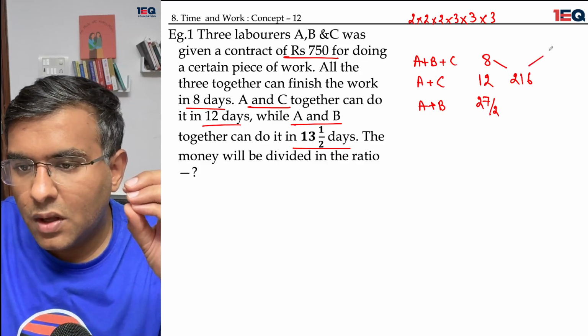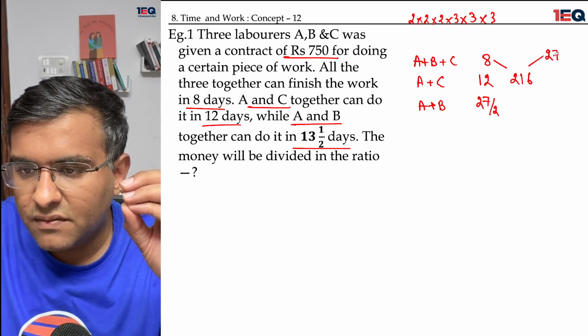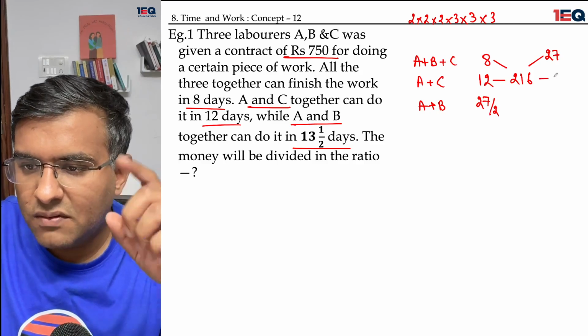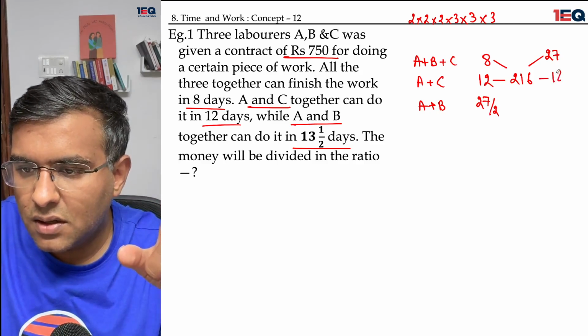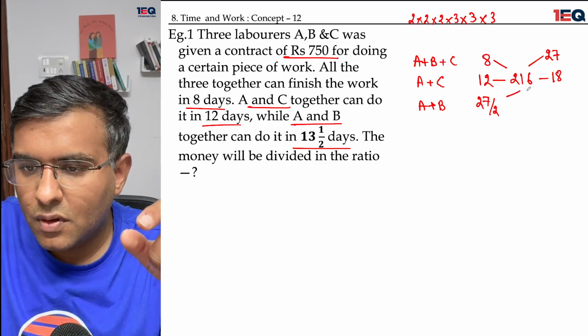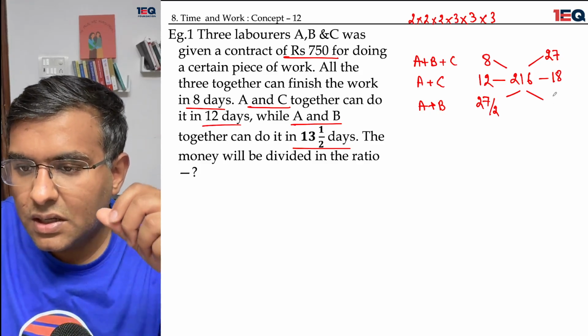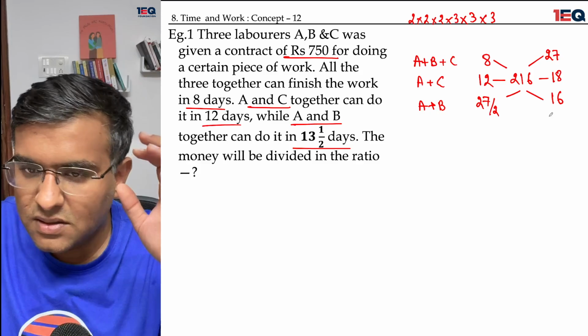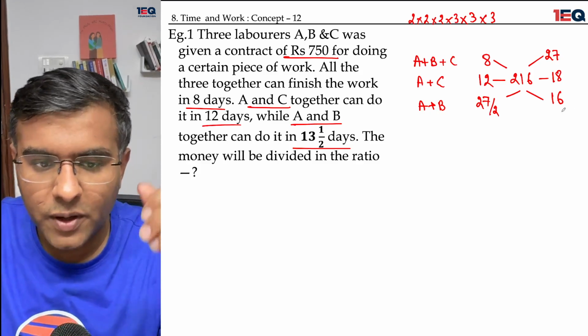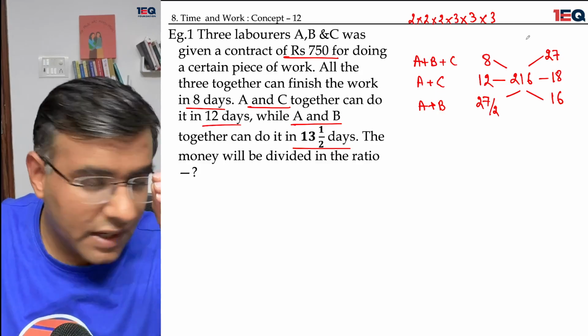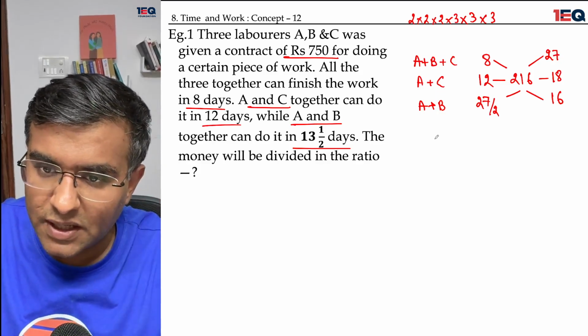Now 8 twenty-sevens are 216, 12 eighteens are 216, and 27 upon 2 into 16 is 216. That means it will come out to be 16. Now I need to find out their efficiencies separately.